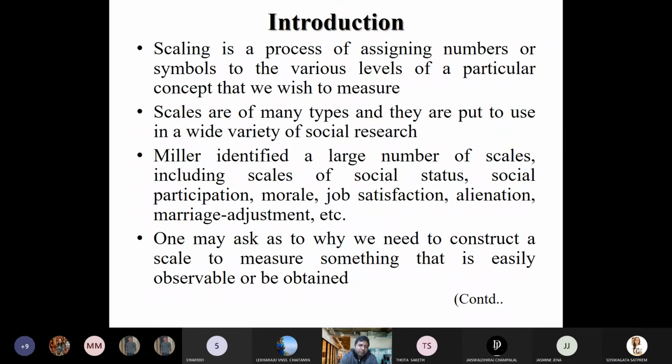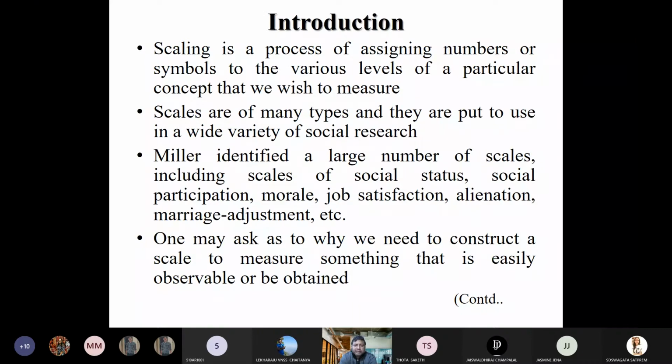Sometimes we also scale people's satisfaction with the government. Suppose the government is introducing various projects and schemes, and we measure whether common men are satisfied with these things or not. During that time also we do that. Then alienation, marriage adjustment, etc. we also measure through different scales.